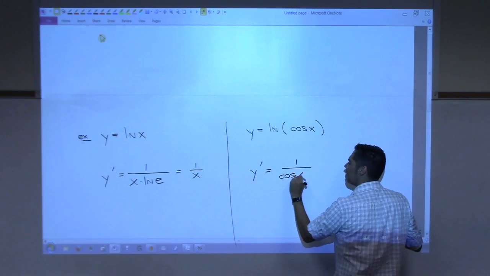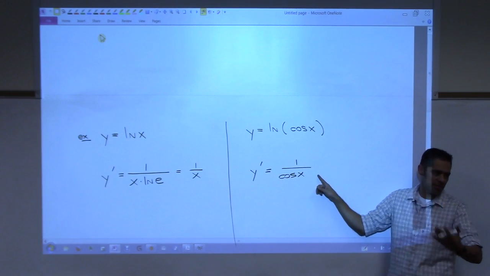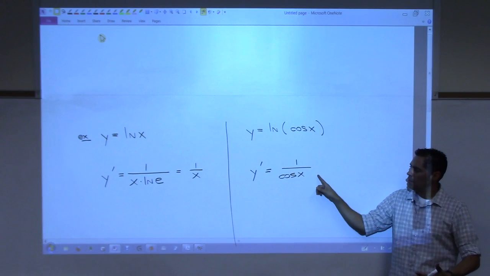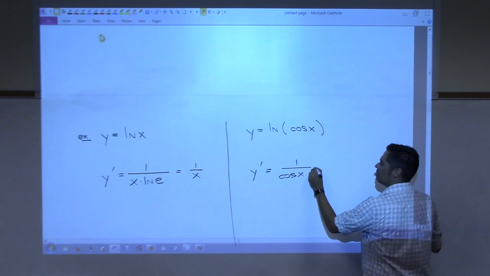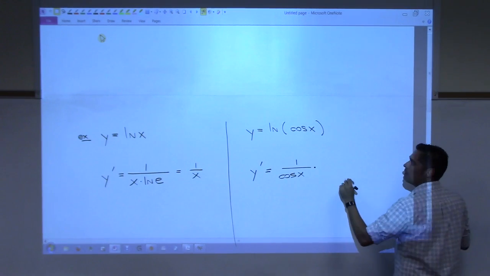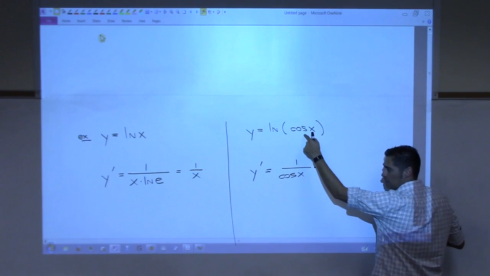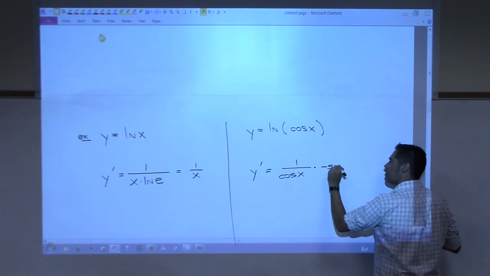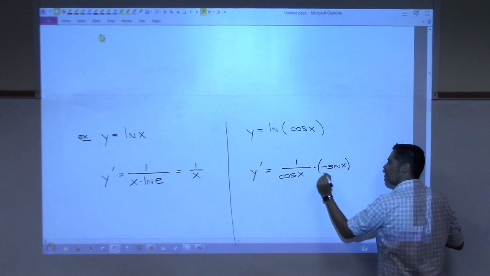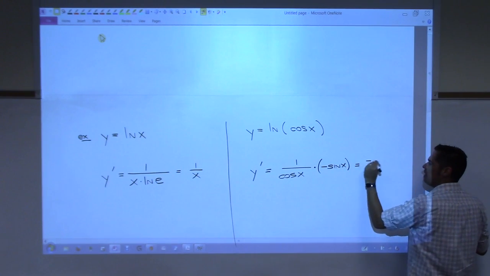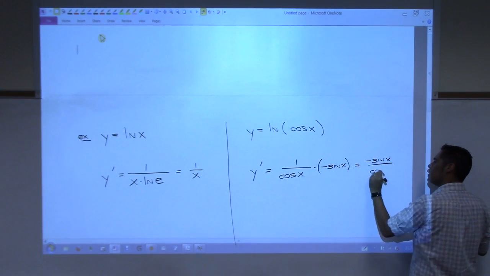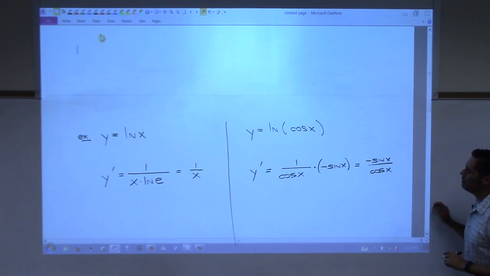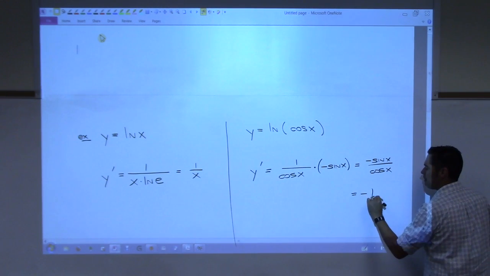You don't have to come in here with a natural log a, because it's just going to be a 1, isn't it? Times the derivative of what's in here, negative sine x. And I could slide that on top, and that's negative sine x over cosine x, which is just negative tangent x.